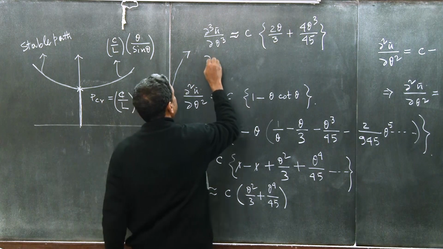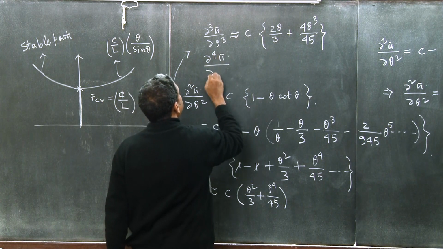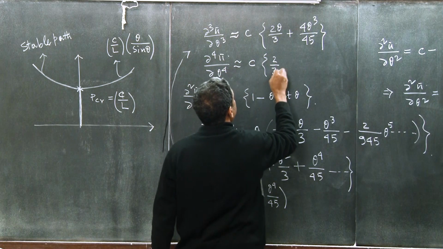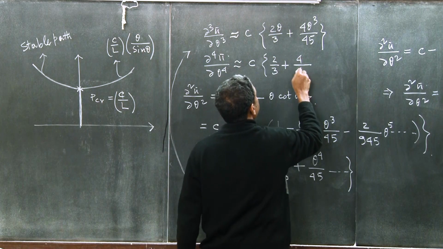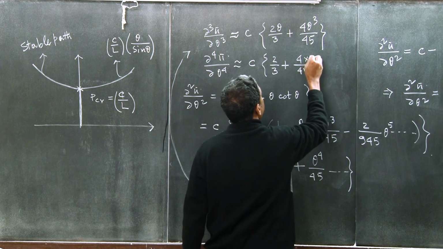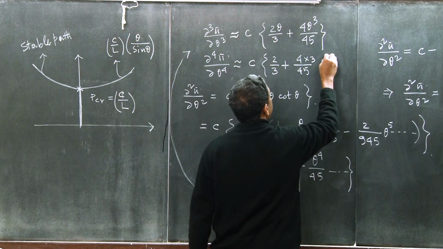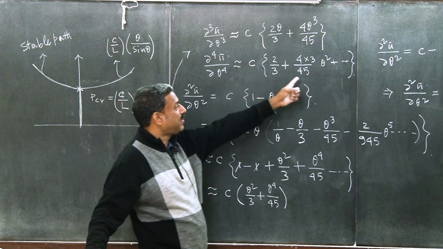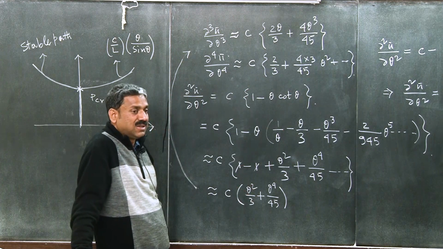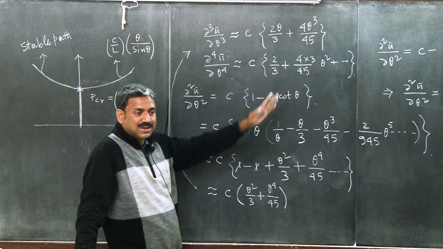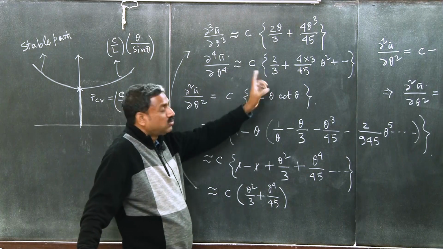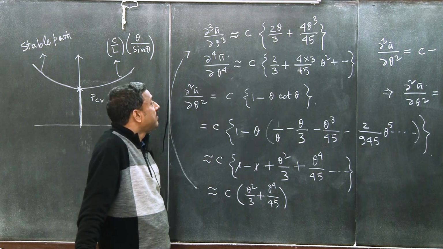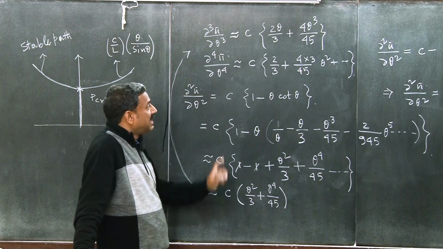You take the further derivative, del 4 pi del theta 4, which is 2 by 3 plus 4 by 45 times theta square, and so on. Now, you see that there is some constant term plus square terms. So even if other terms vanish, this 2/3 will stay. So that means del 4 pi del theta 4 is greater than 0.